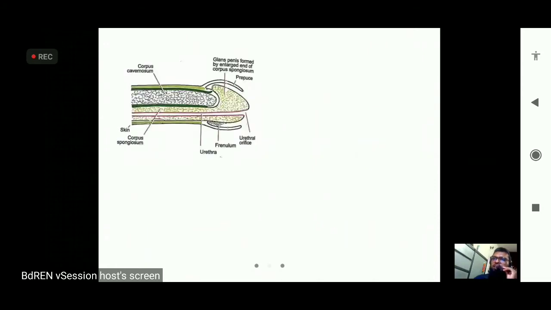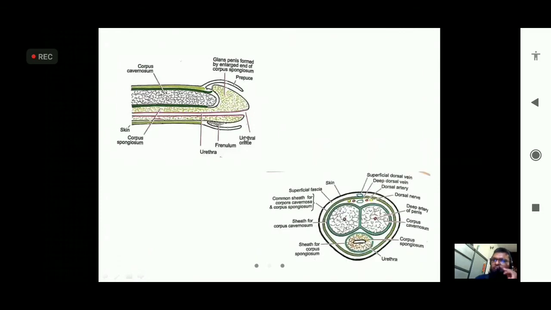You can see this is the corpus spongiosum, which extends to form the glans penis. So the glans penis is solely formed by corpus spongiosum, and it is arched backwards to form the corona glandis, where the corpus cavernosum is lodged on its side. You can see it from this picture.